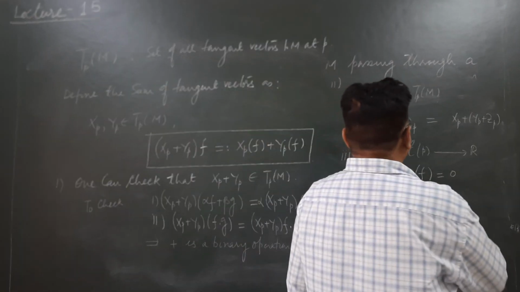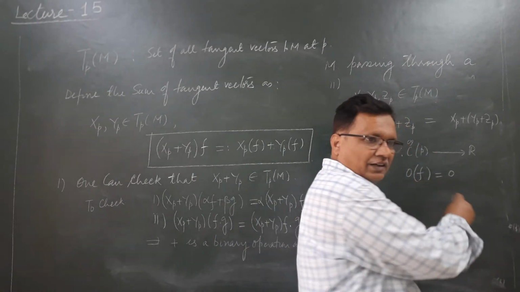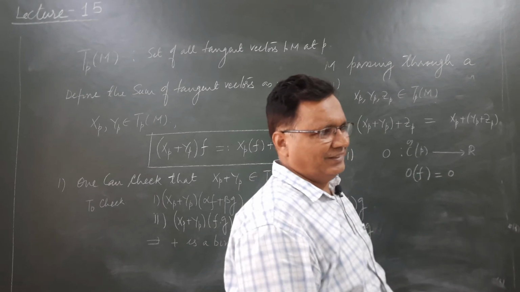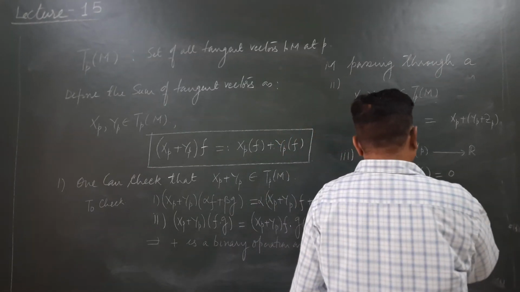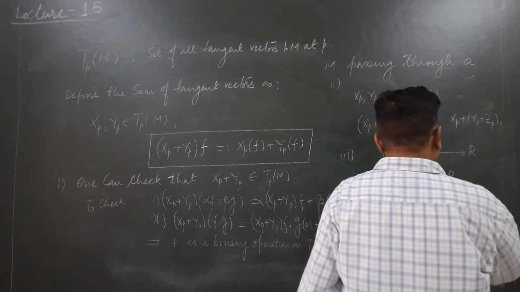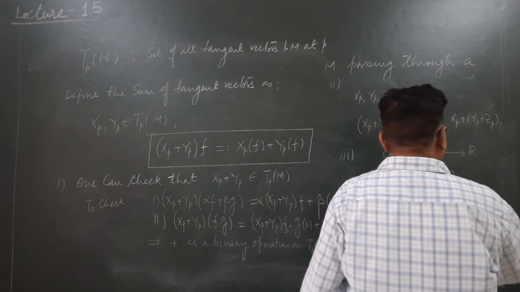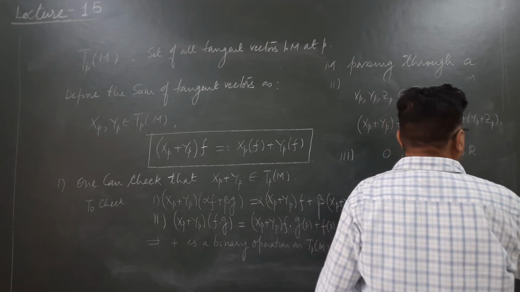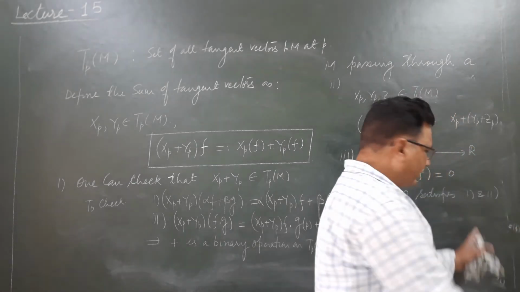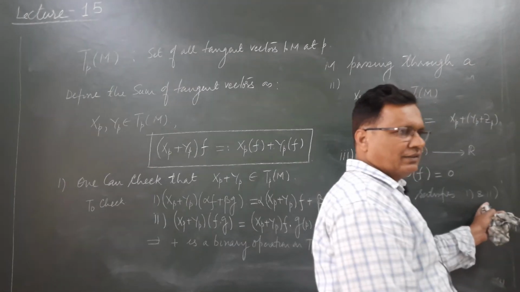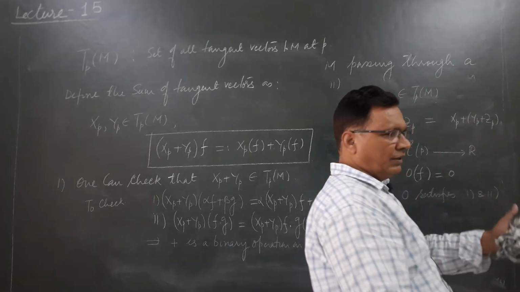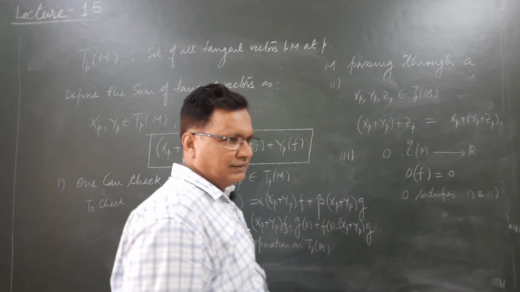सो हाउ विल यू शो दैट दिस इज ए टेंजेंट वेक्टर? अगेन दोज two properties? So this O satisfies number 1 and number 2. These are the two characterizing properties of the tangent vector. अगर इसने ये कर दी तो आप इसको admit कर लेंगे कि yes, it's a tangent vector.